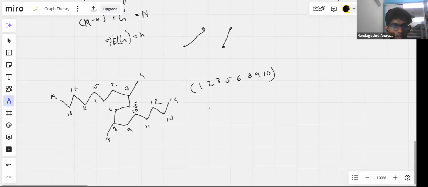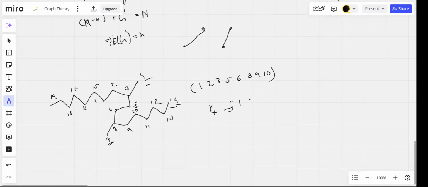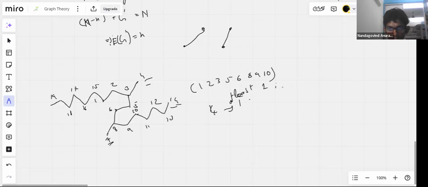So the claim is that out of these four paths, this endpoint to this endpoint, this endpoint to this endpoint, and so on, at least one is longer. This statement is true: out of the four, at least one is longer.